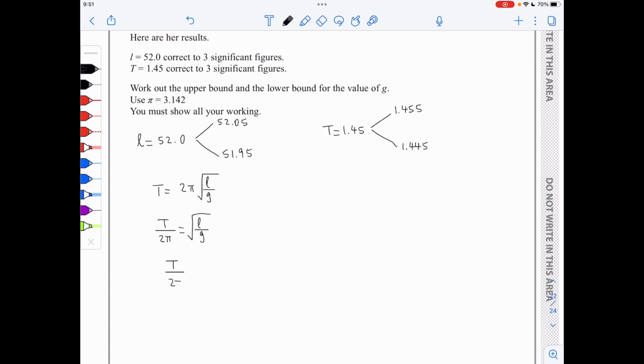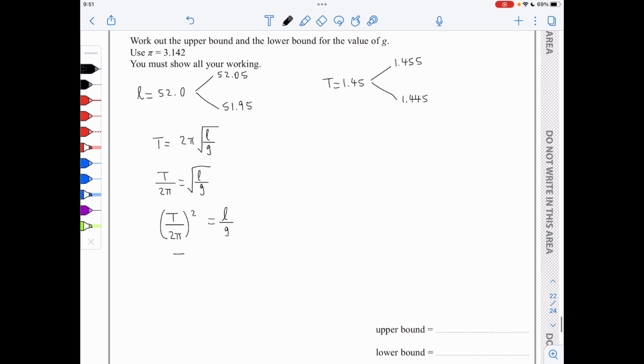T over 2 pi all squared is L over G, and therefore T squared over 4 pi squared is L over G. So G T squared is 4 pi squared L, which means that G is 4 pi squared L over capital T squared. Now to find the upper bound for G, I will make L as big as possible and T as small as possible.